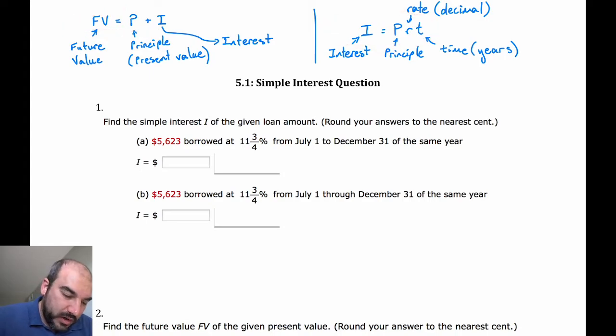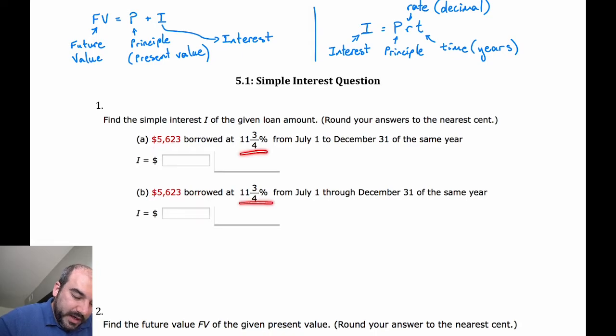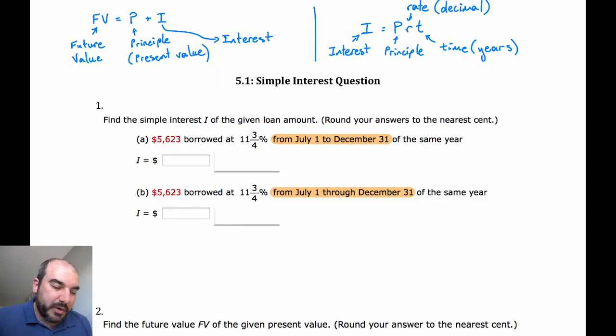The only thing I want to talk about here specifically on the worksheet is if you look at parts A and B for number 1, they're pretty much identical. The borrowed amount is the same. The percent interest rate is the same. The only difference here is the time that the money was borrowed for.